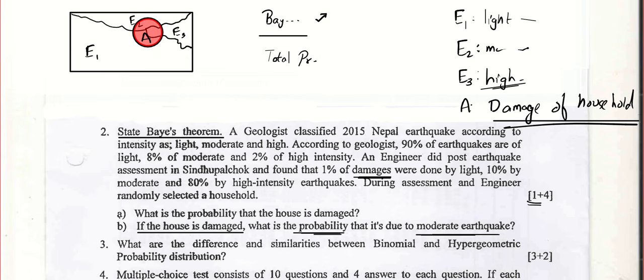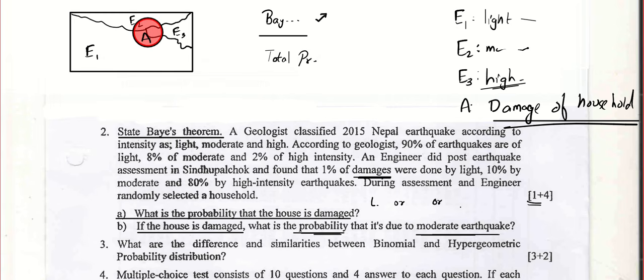If you read question A, the question they asked is general: what is the probability the house is damaged? A house can be damaged because of light earthquakes, or because of moderate earthquakes, or because of heavy earthquakes.